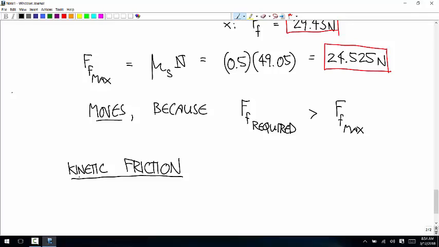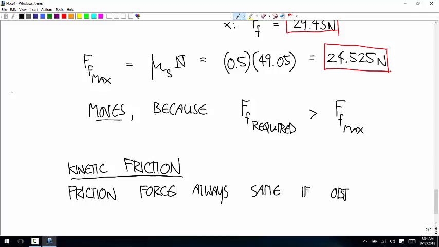In kinetic friction, it's different. If the thing is moving, you just always straight calculate what the friction force is. So the friction force is always the same if the object's moving.